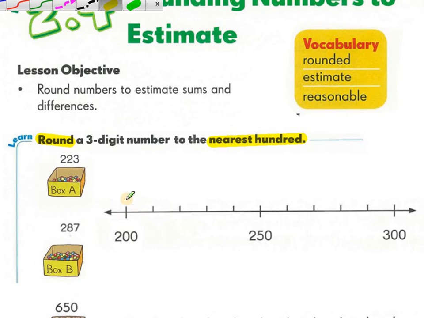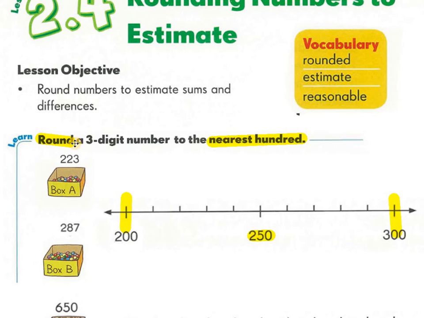I see that this number line shows a 200 and it shows a 300. I'm rounding to the nearest hundred. So the amount I'm talking about in the box is either closer to 200 or it's closer to 300. And this 250 helps me figure out if it's closer to 200 or 300.